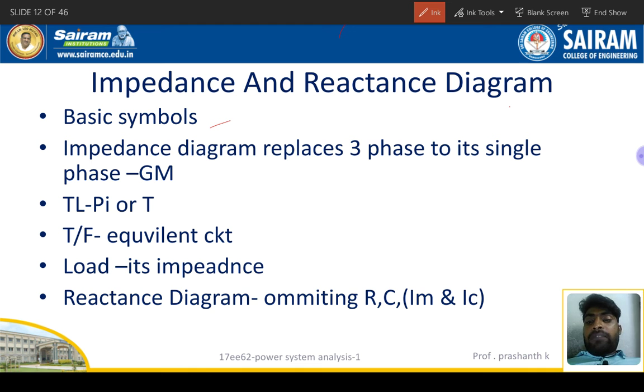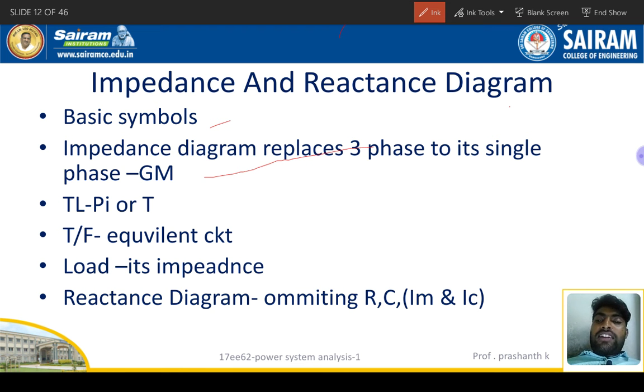Next, the impedance diagram replaces three phase with single phase, right? See here, why? Because for generator or motor, whatever it may be, or transmission line, if you take the calculation part for three phase, if you calculate only one phase, all the three phase values must be same, I mean the other two values must be same.